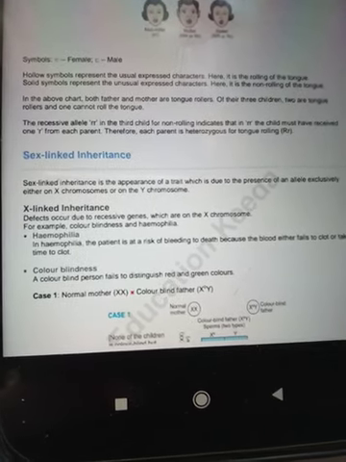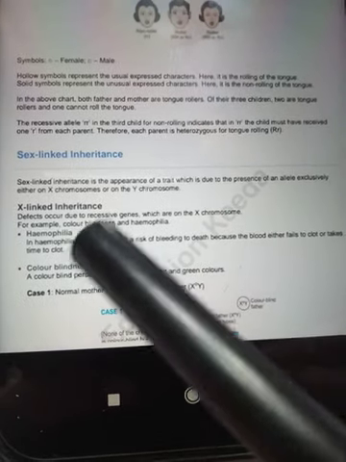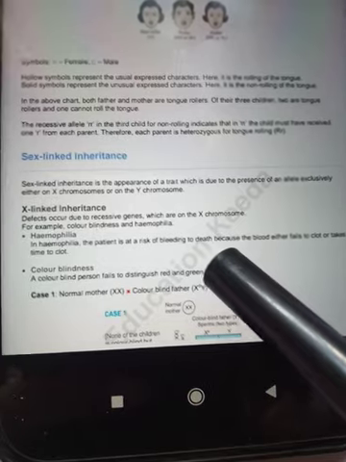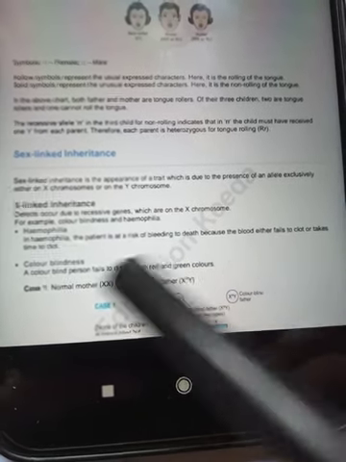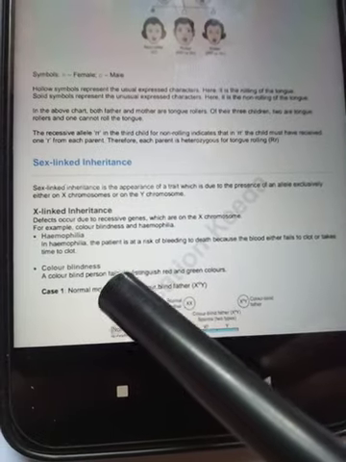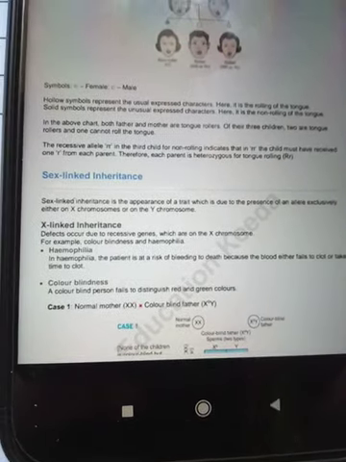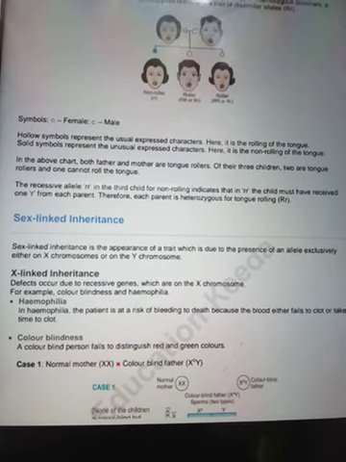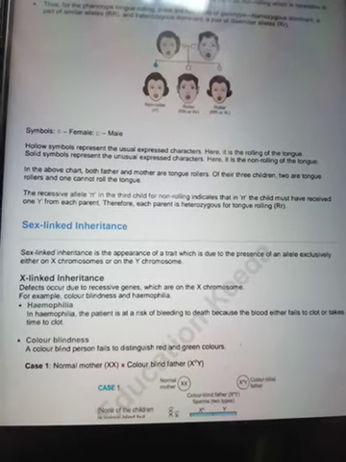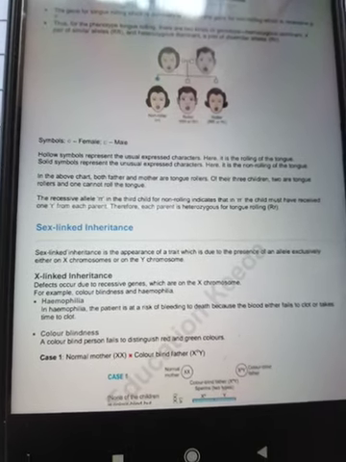It is mostly hemophilia. What is hemophilia? In hemophilia, the patient is at risk of bleeding to death because the blood either fails to clot or takes time to clot. Another X-linked disease is color blindness. A color blind person fails to distinguish between red and green color. For your better understanding, you can just refer to your book.